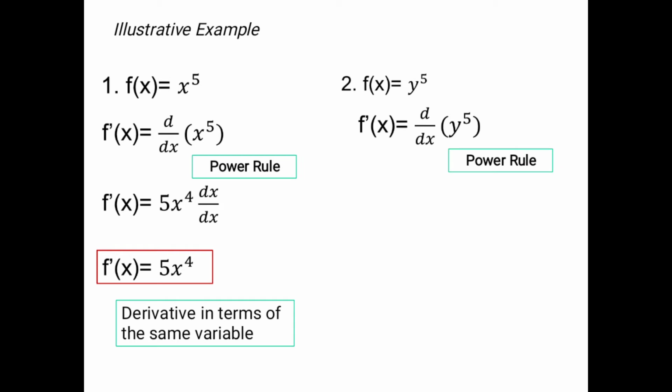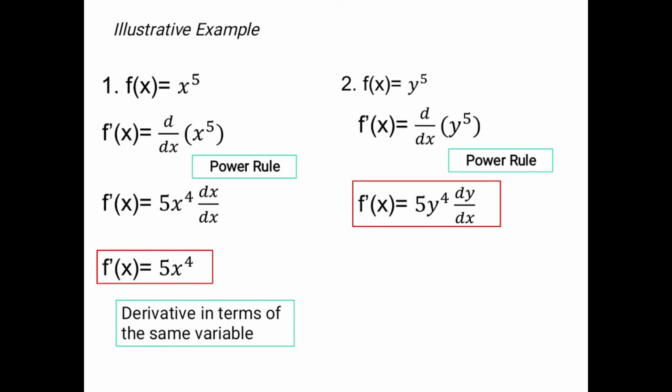So we have f prime of x is equal to d over dx of y to the 5th power. d over dx indicates that we are looking for the derivative of that term. And the answer will be 5y to the 4th power by the use of the power rule. And then there is dy over dx.